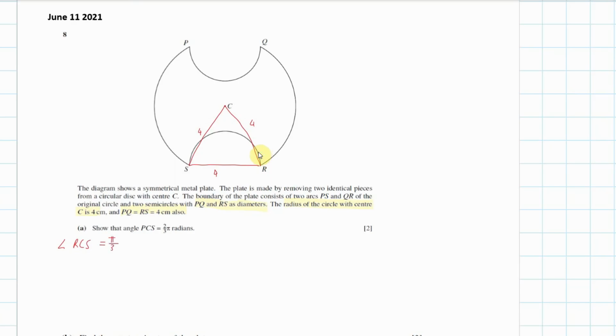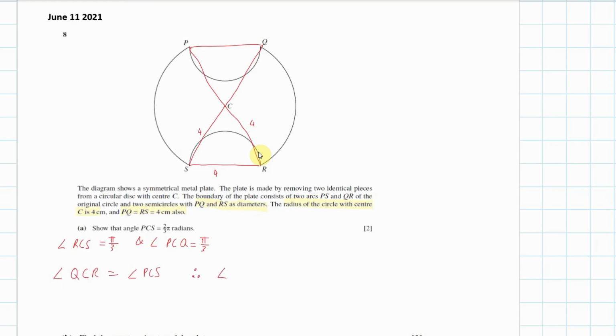So I know that. And I also know that this triangle here, and angle, what would we call that? PCQ equals pi over 3. We know that angle QCR equals angle PCS.